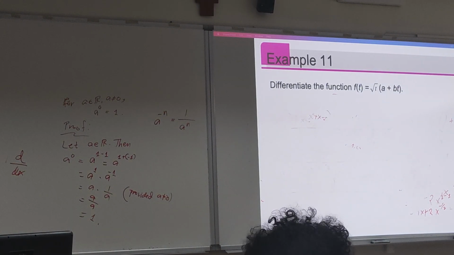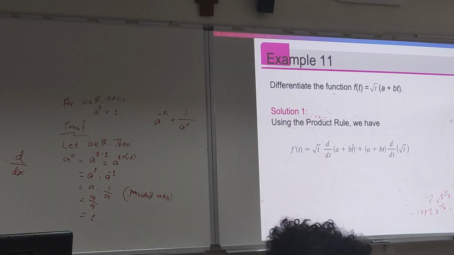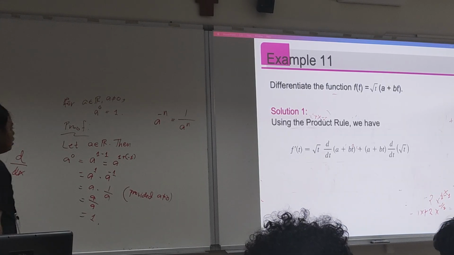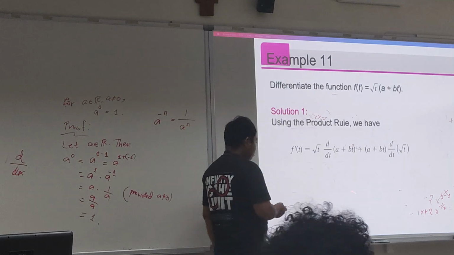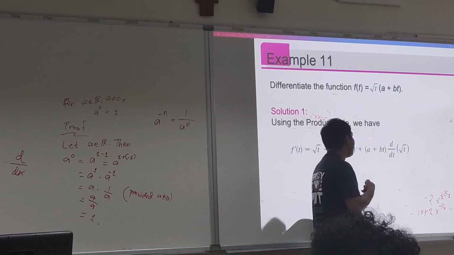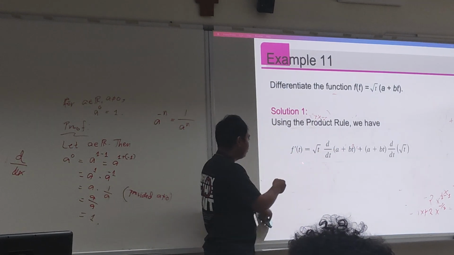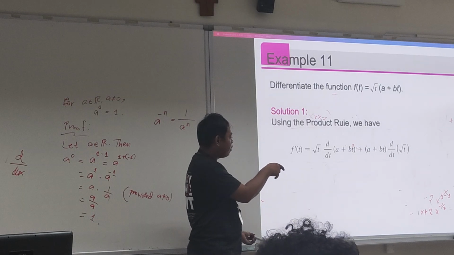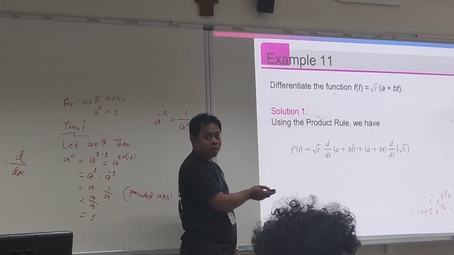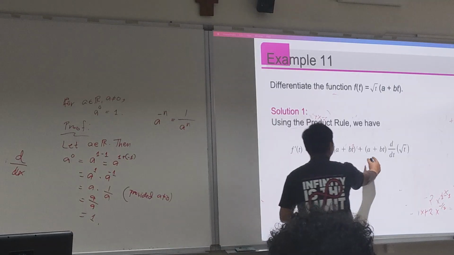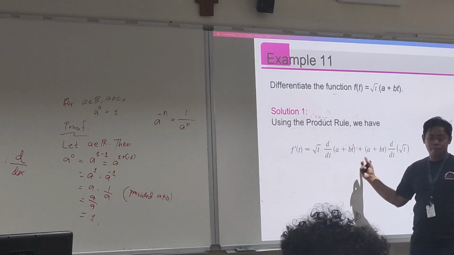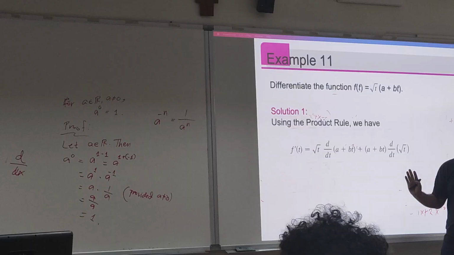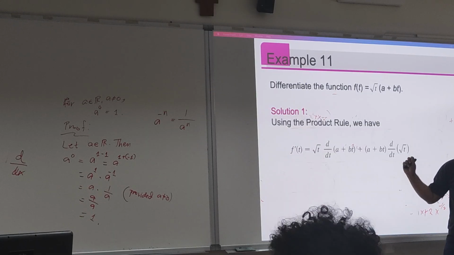Using the product rule, we can find the derivative of this function. Copy the first function, take the derivative of the second function, then plus the second function times the derivative of the first function. It can be commutative, since it is addition, so the order does not matter.